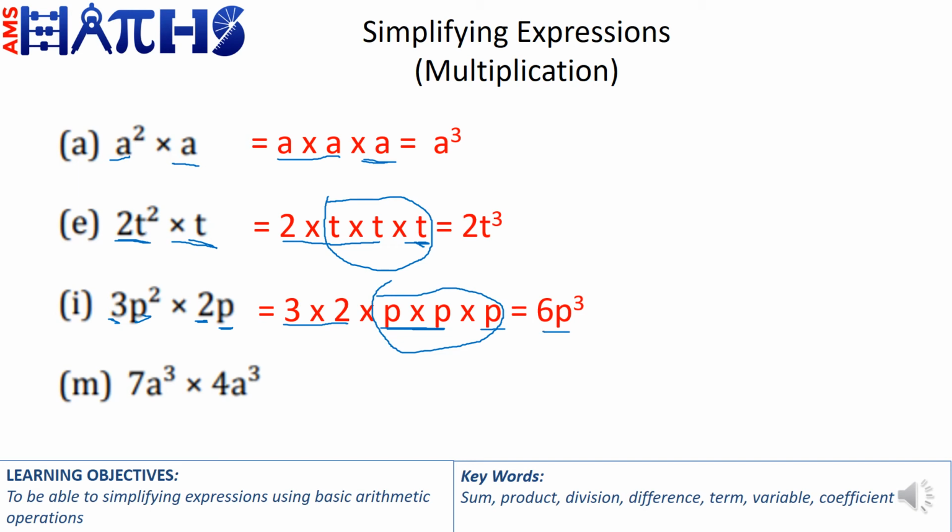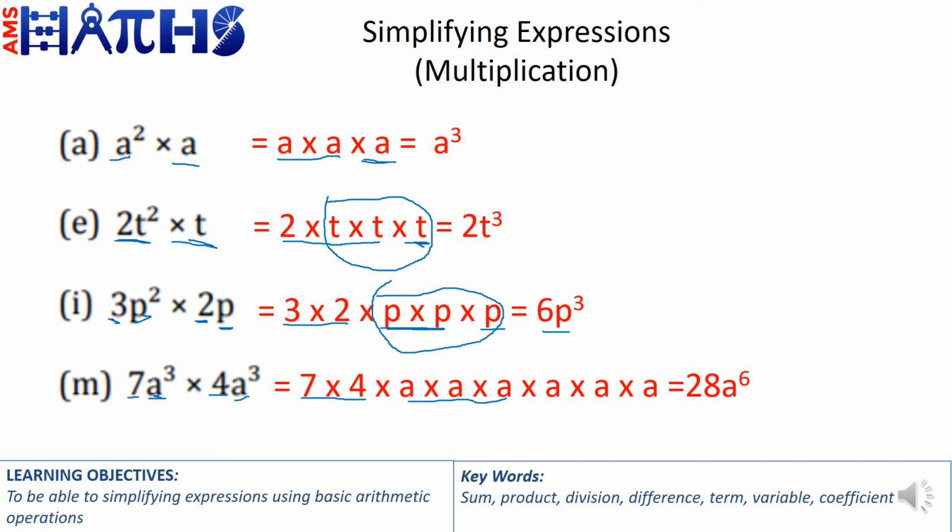Final example on this slide, again we are going to break down and reorganize to understand what we need to do. And so we would have 7 multiplied by 4, then our a cubed here is represented by a times a times a, and our a squared here will be represented by a times a.